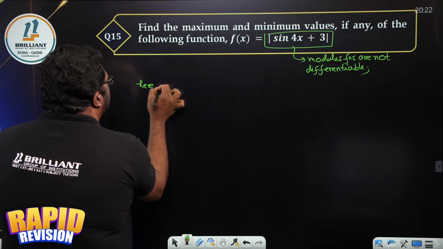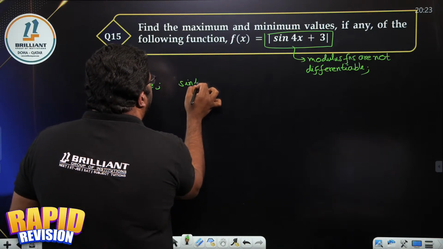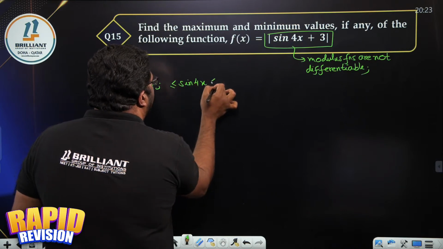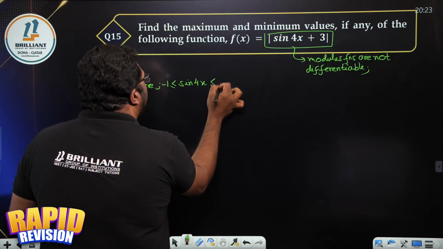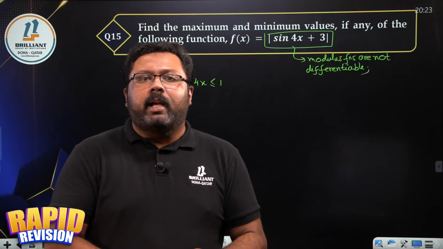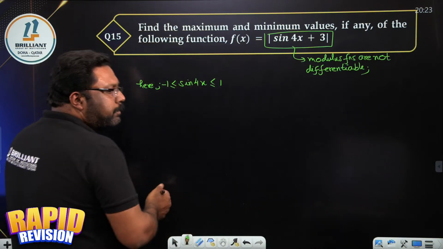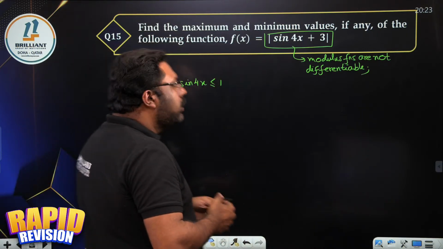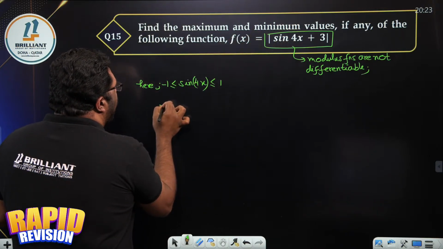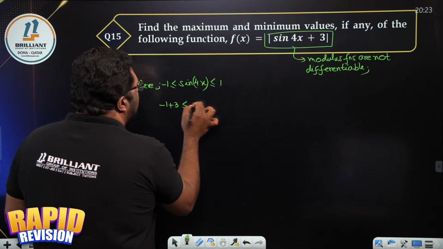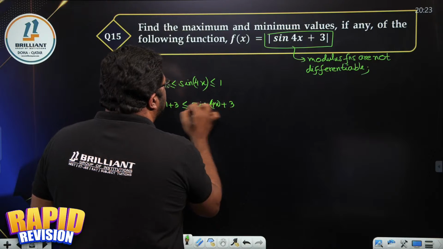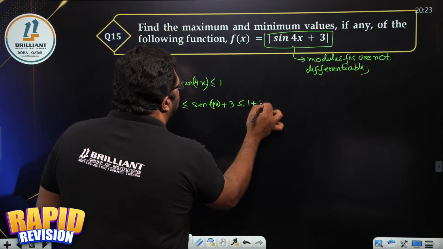Here, can you look at it and say that sine 4x is always a value between -1 and 1. The value of sine is always from -1 to 1. Yes? Prapti, good. Answers coming. So if I add 3 to it, -1 plus 3, 1 plus 3.